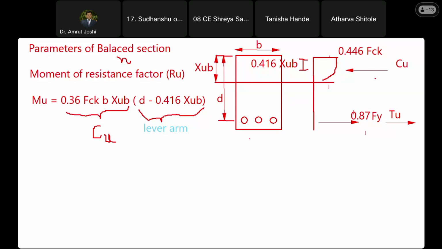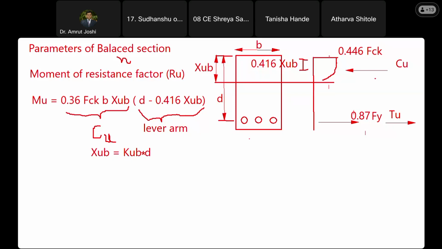So xub is equal to kub multiplied by d. For multiplication, I'm going to use this sign, and if it is xub, I'm going to use the capital X. So please keep track of these notations. xub is kub times d. What is kub? kub is nothing but the neutral axis factor for the balanced section, and we have derived the expression for those as well.